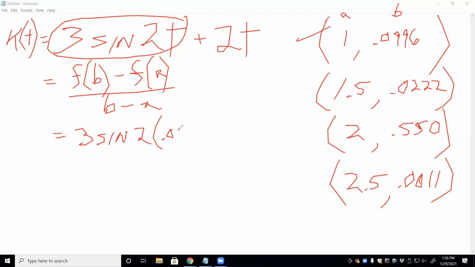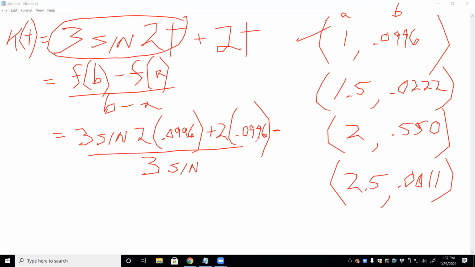It's 0.0996, plus 2 times 0.0996. The rest of this problem is purely algebra. I'm going to write it down below because I ran out of room. So that's f of a, right? Minus, let me put parentheses around it.